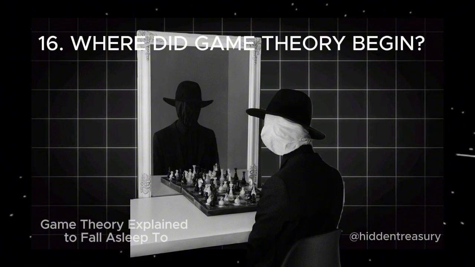They weren't interested in just guessing what people might do. They wanted to build models, structured, logical systems that could actually explain and predict behavior in competitive situations. At the heart of their idea was something called a zero-sum game.